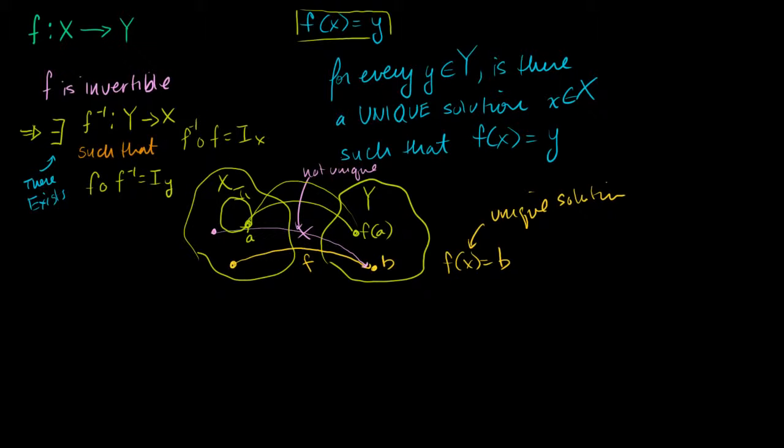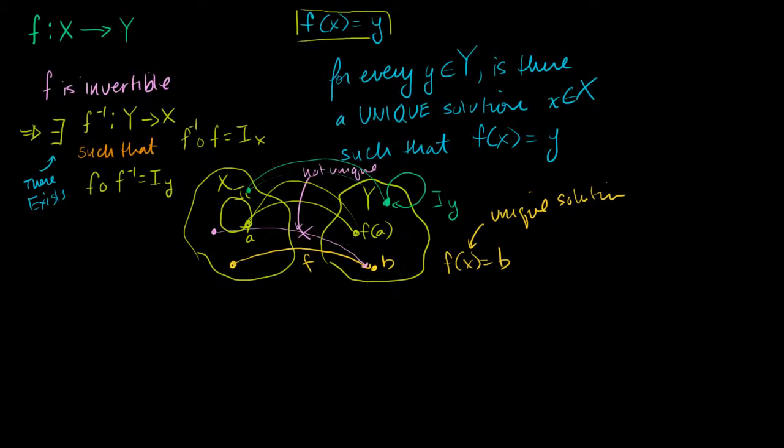If you start in y, and you apply the inverse, and then you apply the function to that, you're going to end up back in y at that same point, and that's equivalent to just applying the identity function. This is what invertibility tells me. This is how I defined invertibility in the last video.